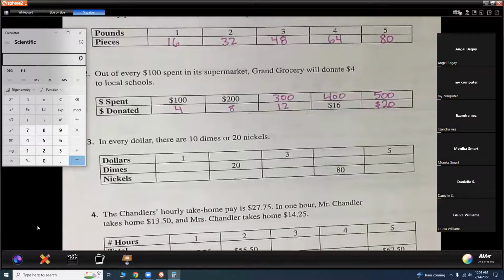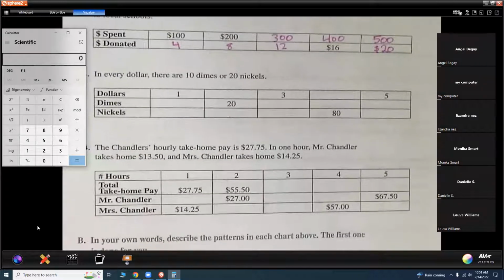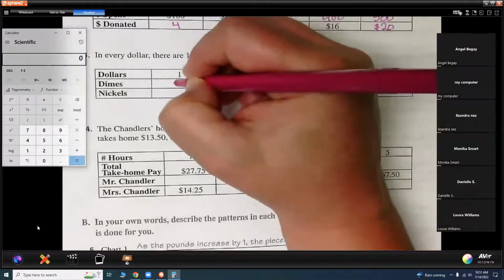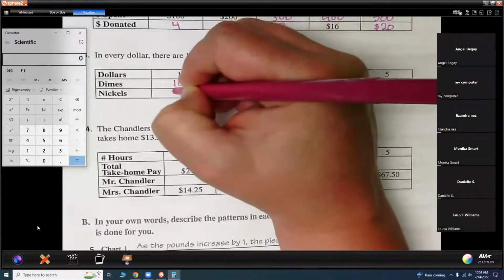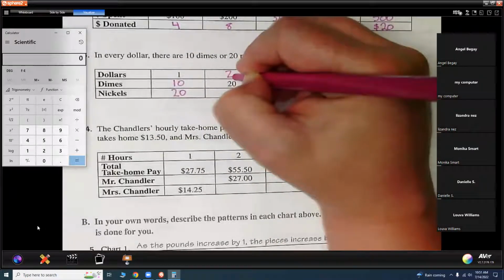Yeah. Good, okay, and every dollar, there's 10 dimes or 20 nickels, right? So then $2.